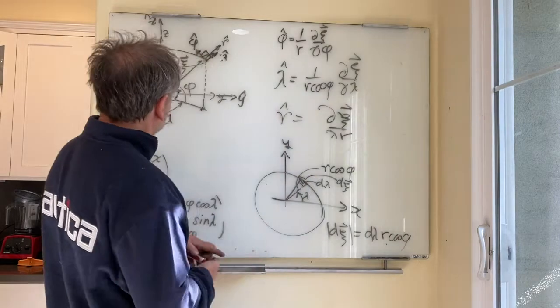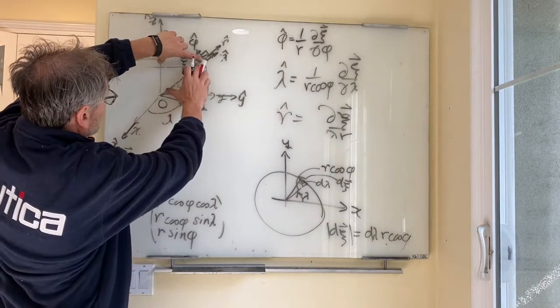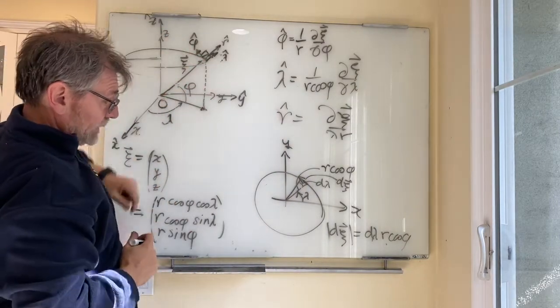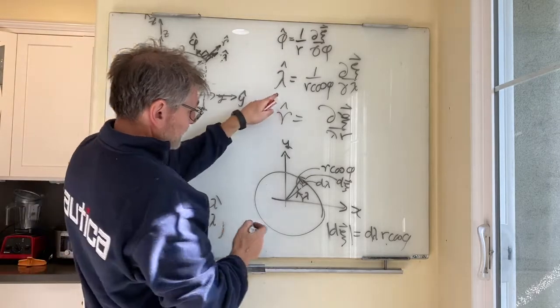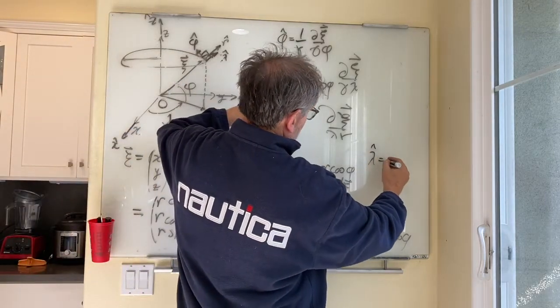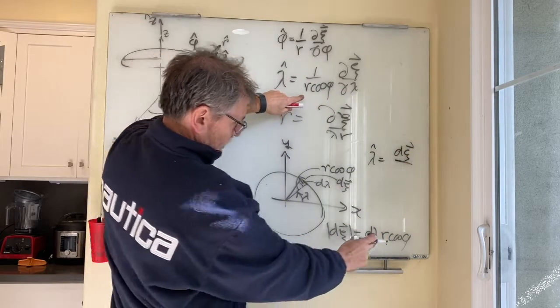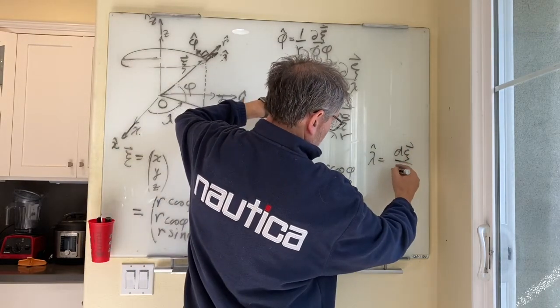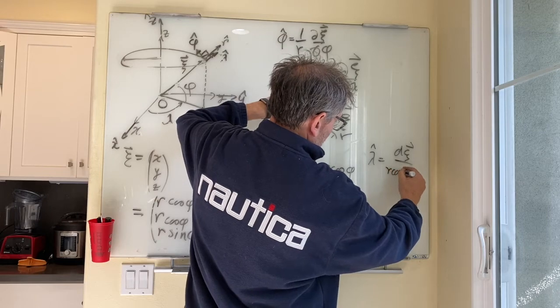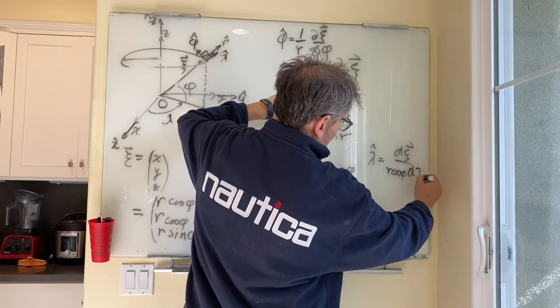This radius here is going to be this length times the cosine of that angle. And so if we do again, lambda hat is equal to dc divided by its length, which is r cos phi d lambda.